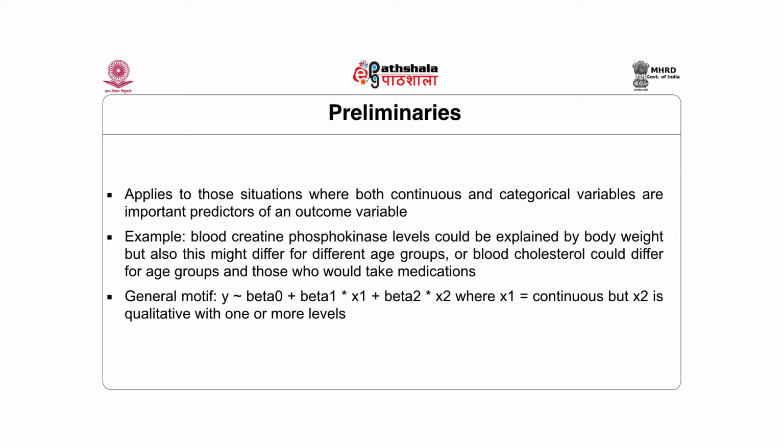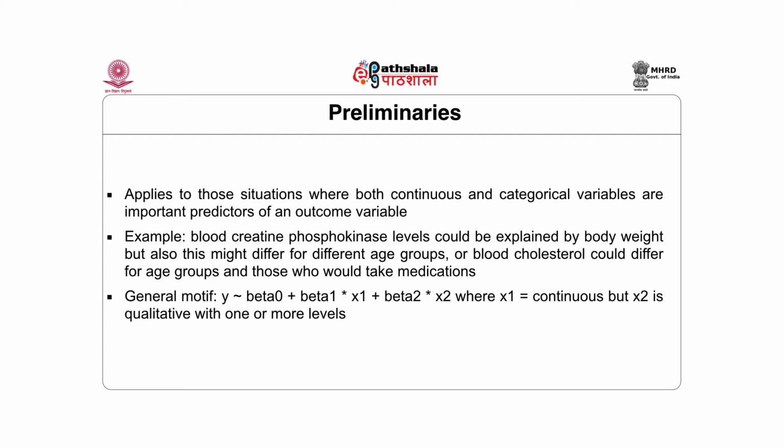Another example, which you have already met, is the blood creatine phosphokinase levels. We tried to explain that using body weight and the different age groups, or maybe blood cholesterol levels or some other things.